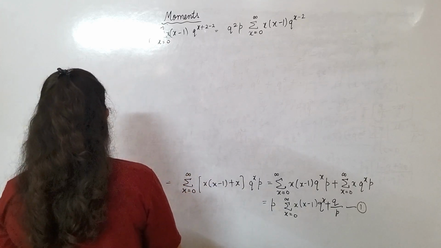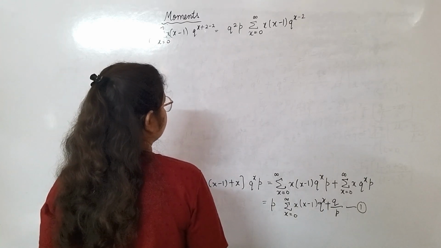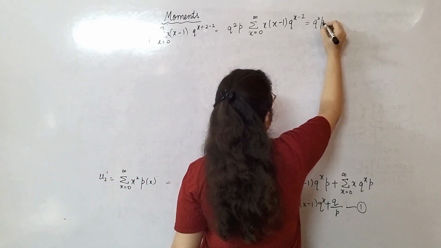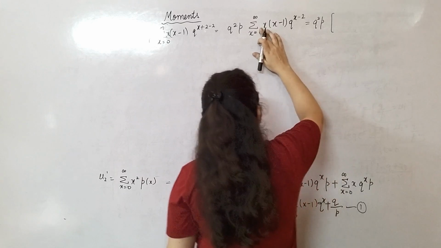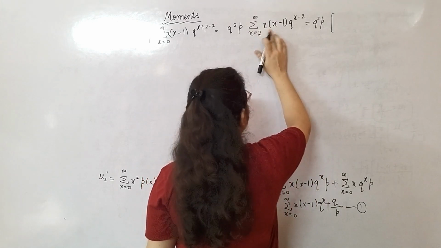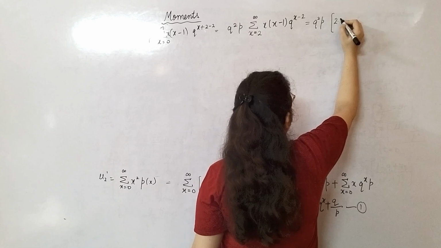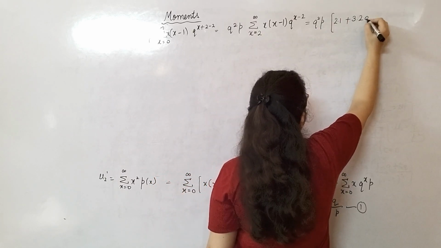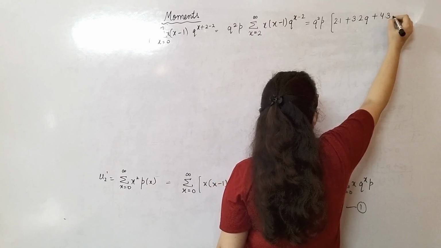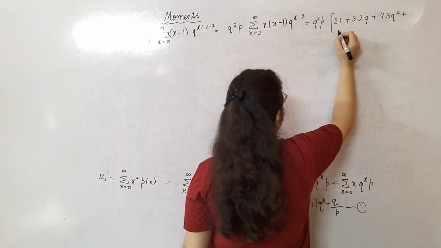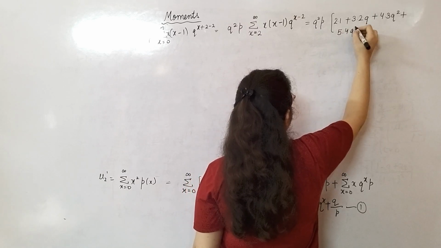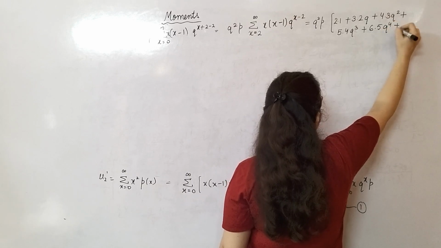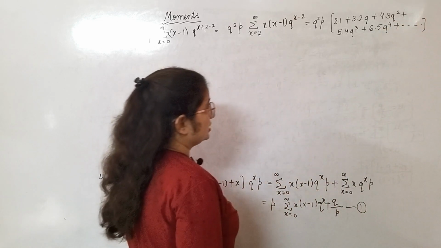When you open that summation, now you will get q square p as it is. Yes, summation will start from 2. So 2 minus 1 plus 3 into 2 q plus 4 into 3 q square plus 5 into 4 q cube plus 6 into 5 q to the power 4 and so on in this way.